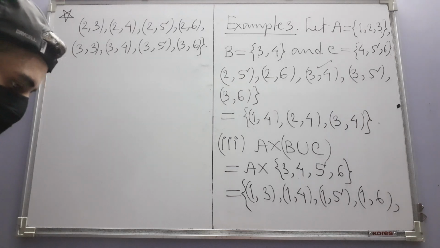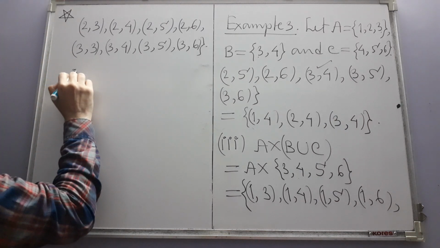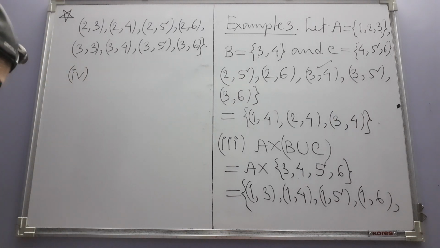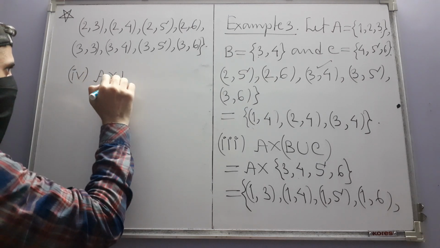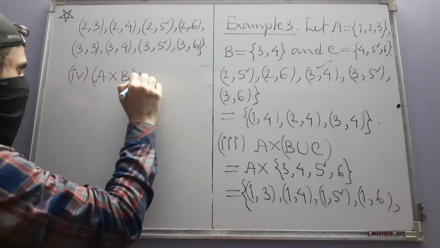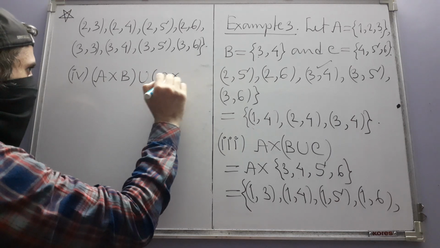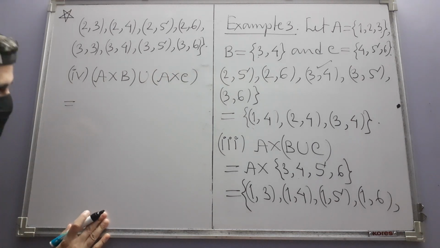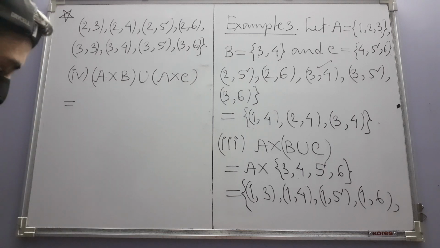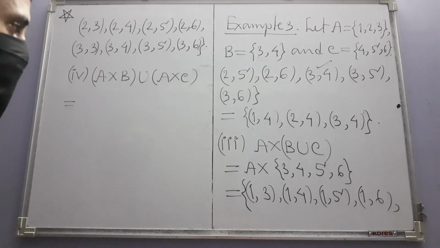And finally the last one, the fourth one, A times B union A times C. Oh, we have to write it again. No, in that one we already had these two sets.